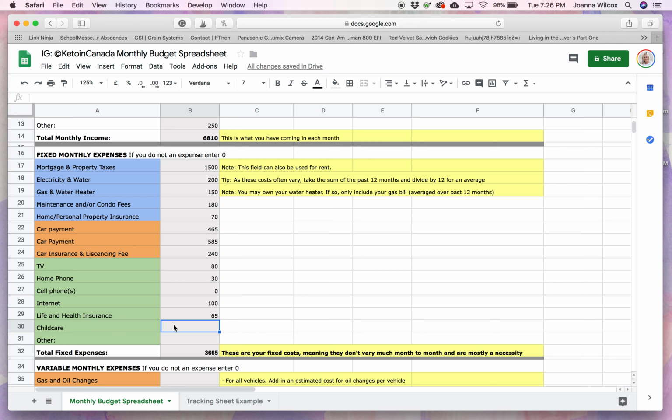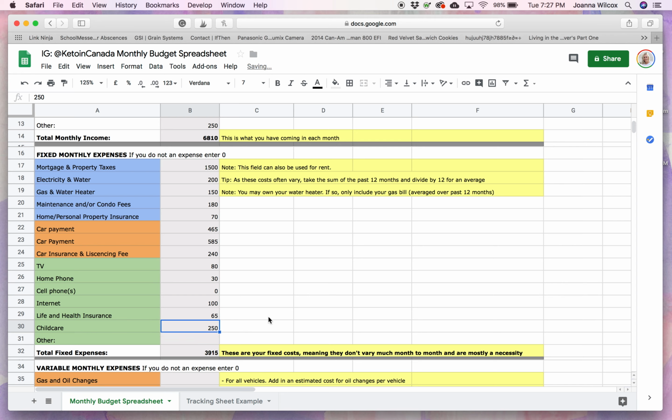And when it comes to childcare, if you have kids that are younger, your childcare cost might look something like this. That's how much you're paying for daycare for your 1 kid or your 2 kids, depending on where you live. If you are like me and we're past the daycare phase, it might look something more like this.